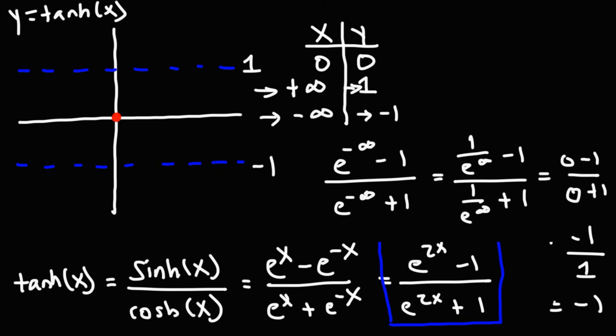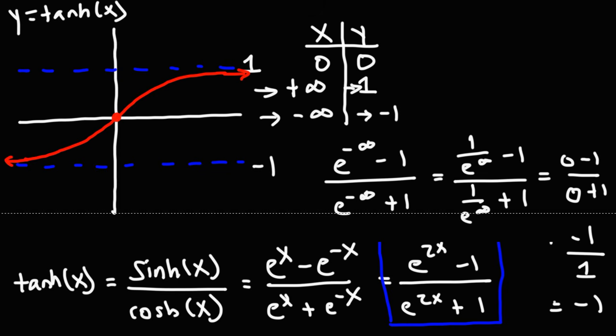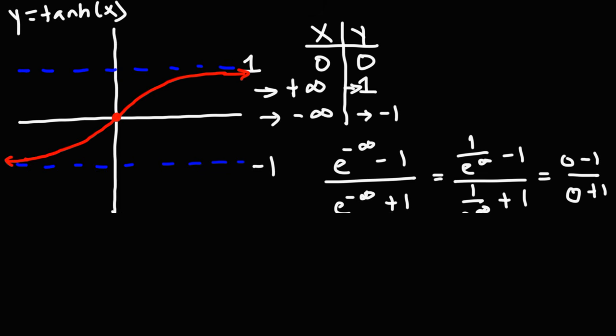So hyperbolic tangent, as we go to the left, is going to get closer and closer to negative 1, and as we go to the right, it's going to get closer and closer to positive 1. So the graph looks like this. It passes through the origin, it starts from one asymptote, and gradually works its way towards the other asymptote. So that's how you can graph hyperbolic tangent if you know just one point, in this case the origin, and if you know the end behavior of the function.